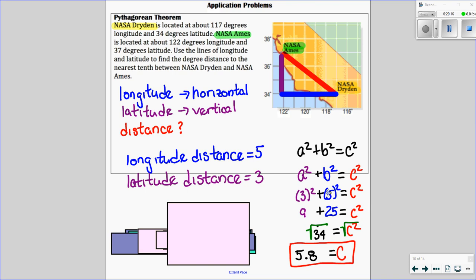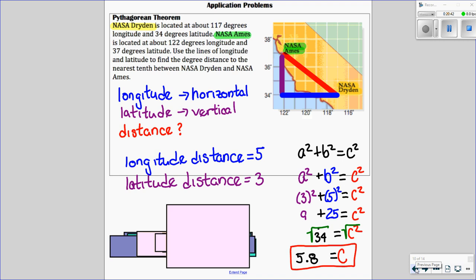And using the Pythagorean theorem, you could use it anywhere, especially if you're trying to find the shortest distance between 2 points rather than taking 2 streets. You could cut across, so that way you can measure how far it would take you from one point to another rather than taking two turns to get to that point.